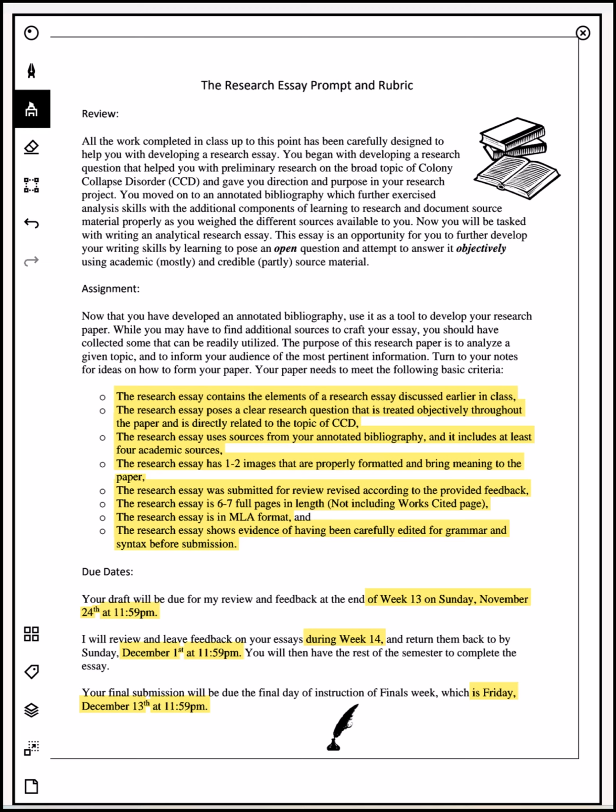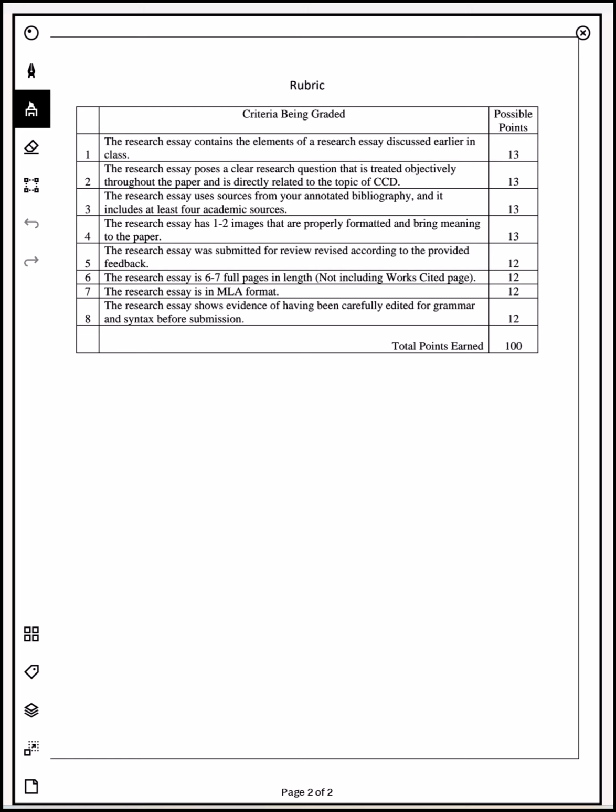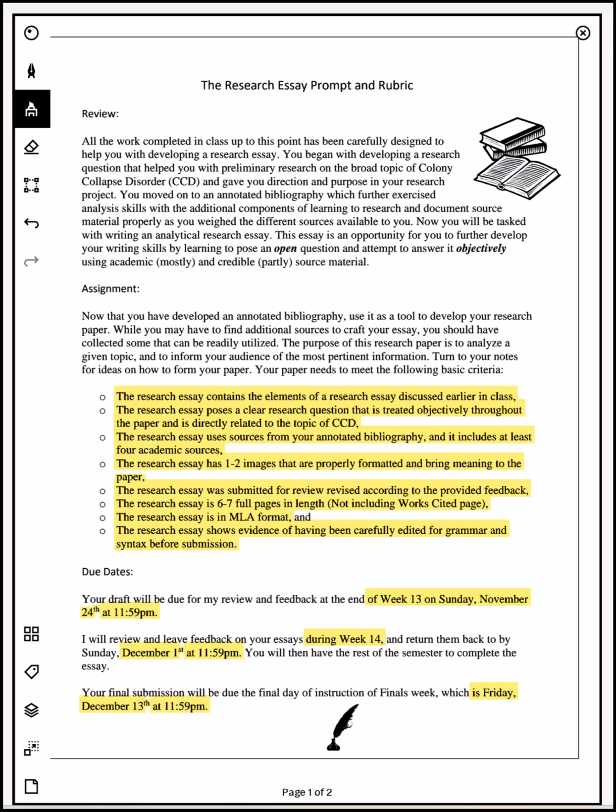Okay, so let's talk about the rubric. Really nothing different from the last rubrics that you see in this class. All I did for points 1 through 8 was I simply copied everything that we see here, everything that I have already highlighted.